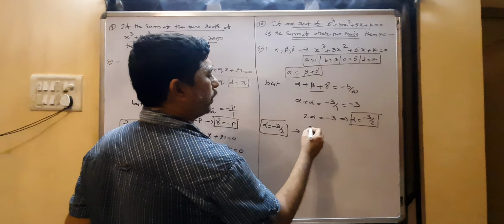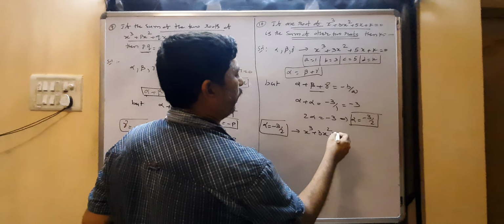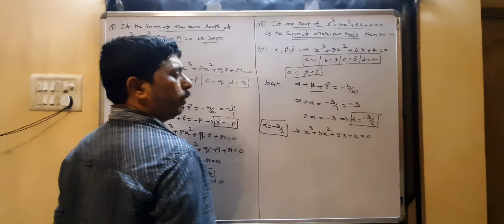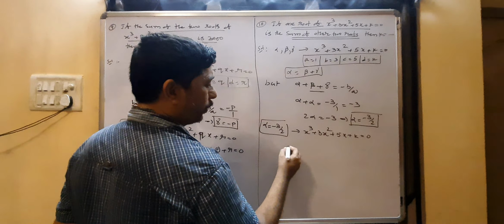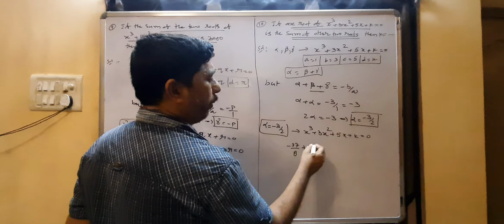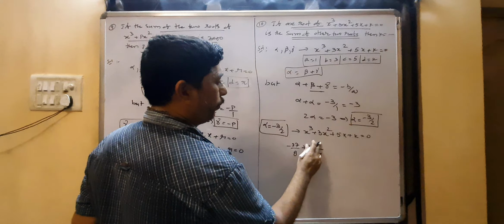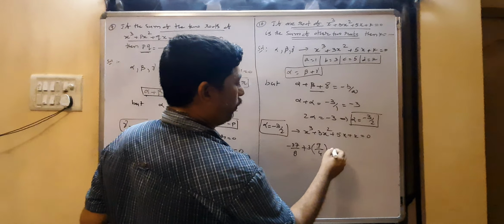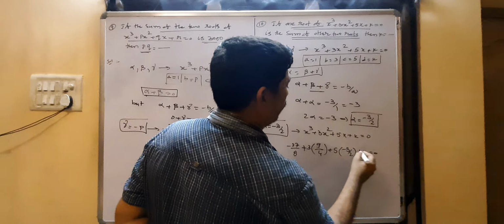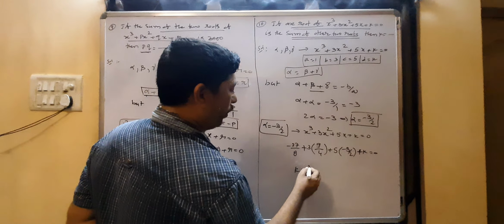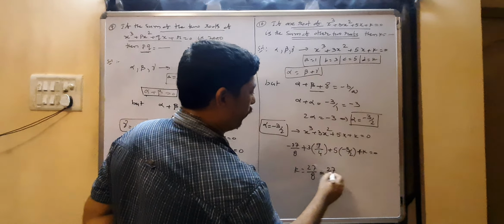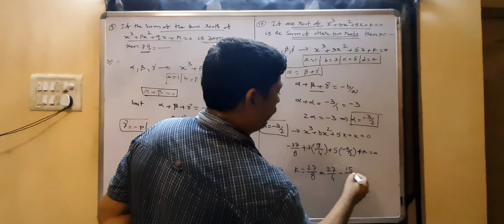Since it is a root of x cube plus 3x square plus 5x plus k equal to 0, substitute x equal to minus 3 by 2: minus 3 by 2 whole cube is minus 27 by 8, plus 3 into minus 3 by 2 whole square, 9 by 4, plus 5 into minus 3 by 2, plus k equal to 0. From this, k equal to 27 by 8 minus 27 by 4 minus 15 by 2.